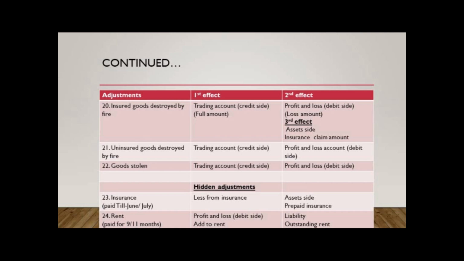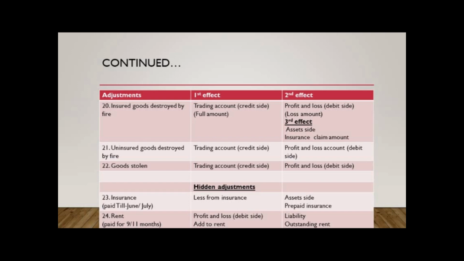Our year ends on 31st of March and we have paid insurance for more than that period, maybe till the month of June or July. So whenever we are paying in advance, it is our prepaid. Therefore, the effect of prepaid is, first we will subtract it from the insurance, and the second effect, it is prepaid, therefore asset side, prepaid insurance.